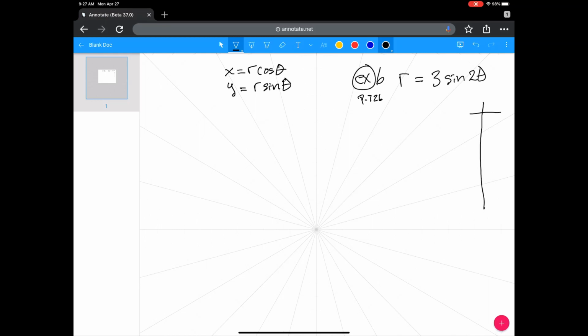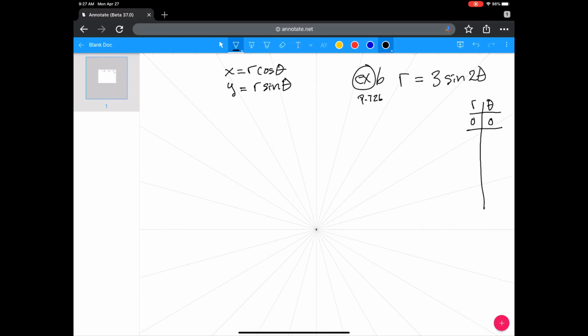If I have theta, and I'm getting r based on my theta value, I can still start with a 0 and see that sine of 0 is 0, so I know I'm starting at the origin here.